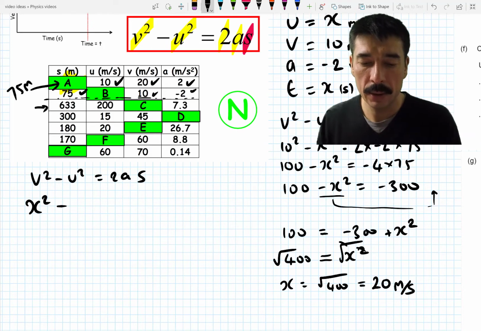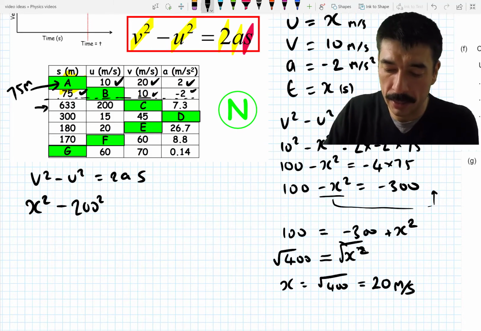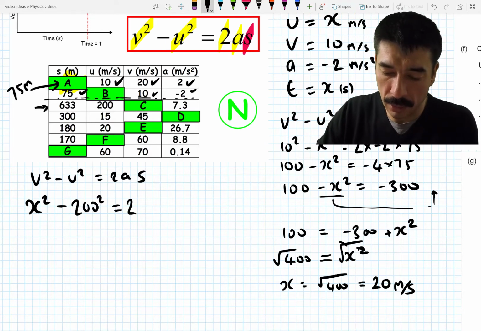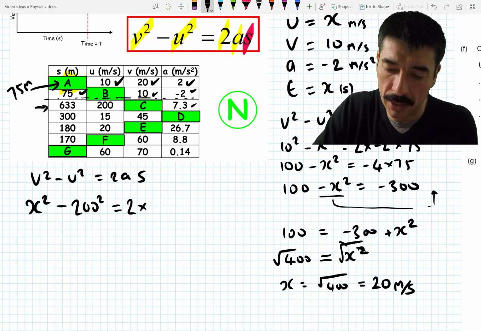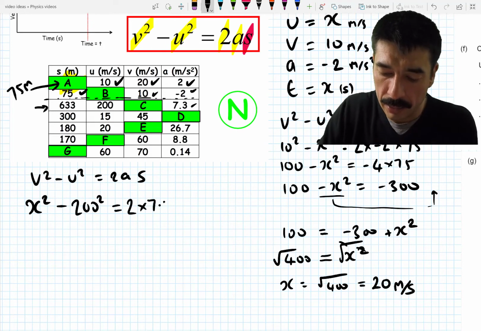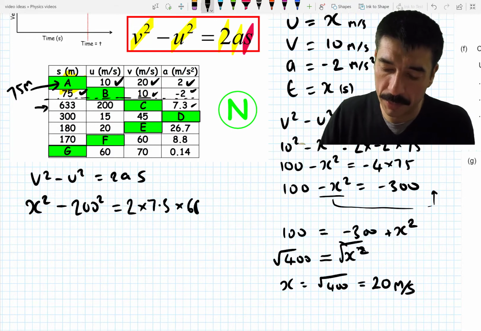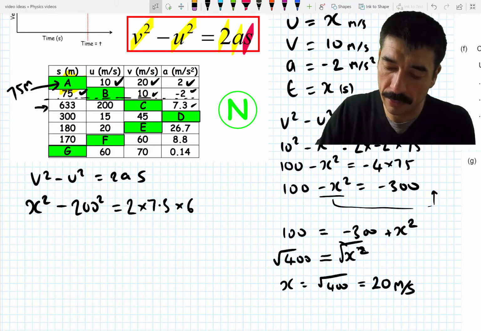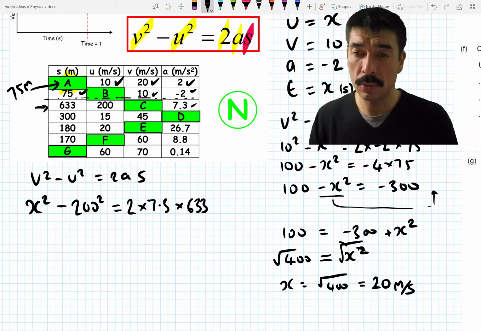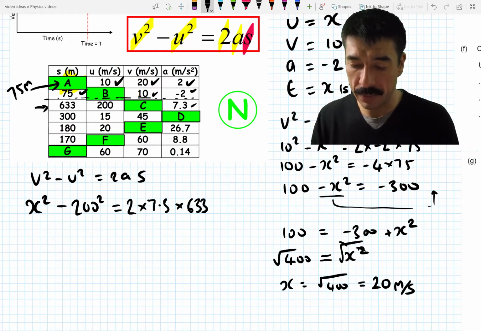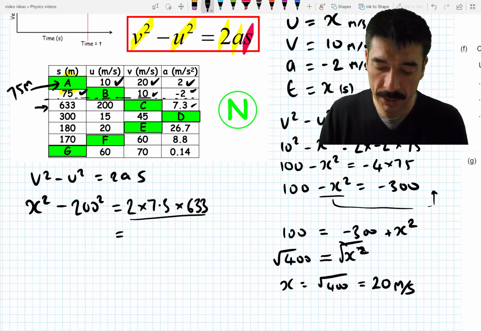U, in this case, is 200, so it's going to be 200 squared, will be equal to 2, the number I'm already given, times the acceleration. In this case, it's telling me the acceleration is 7.3. 7.3 times the distance, 633. Okay. So x squared minus 200 squared will be equal to 2 times 7.3 times 633. Right. All of that can just be crunched out and bashed into the calculator.